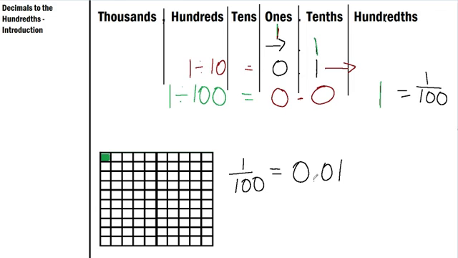Make sure that right in between the 0 and the 1 in the tenths place is a decimal point. I think my decimal's not doing a good job showing up. There we go. So 0.01 is read as 1/100th.